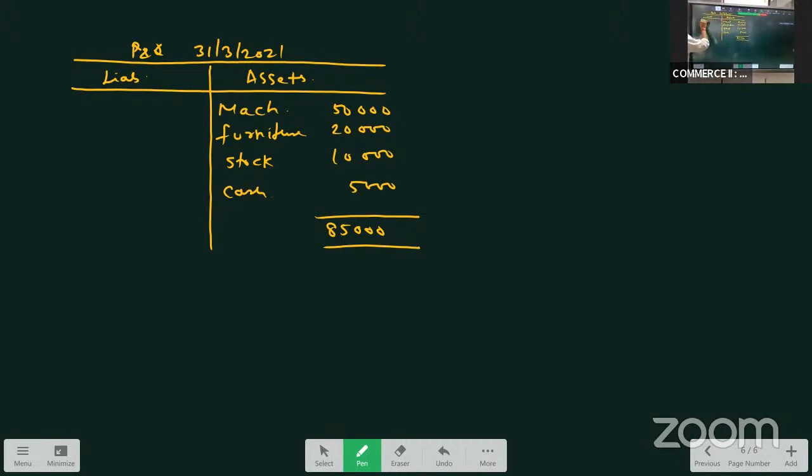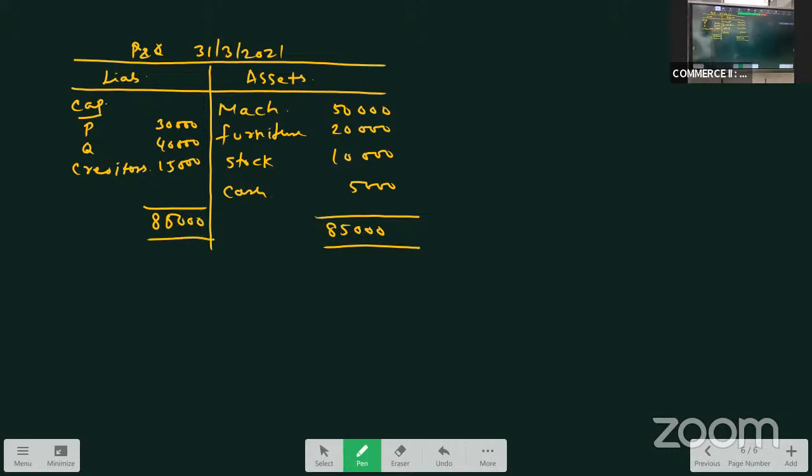So let us say here we have capitals of P, Q, and then we have creditors. Let us say capital of P is 30,000, capital of Q is 40,000, and creditors are 15,000. So this is how our balance sheet is.